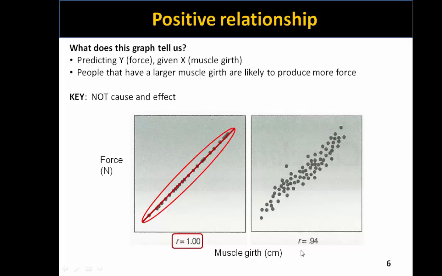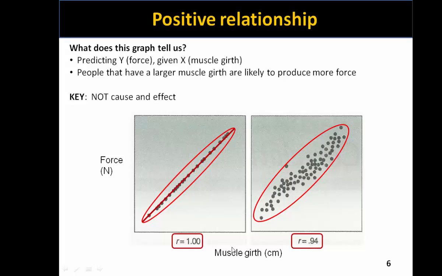Now, the vast majority of research studies rarely have this type of finding. And so what we actually see is the scatter of the data, but the data are scattered in a fairly tight distribution, and the results from this study yielded an R value of 0.94.